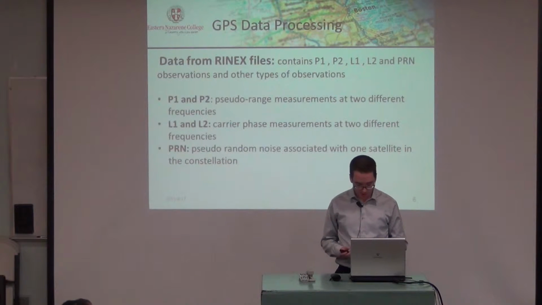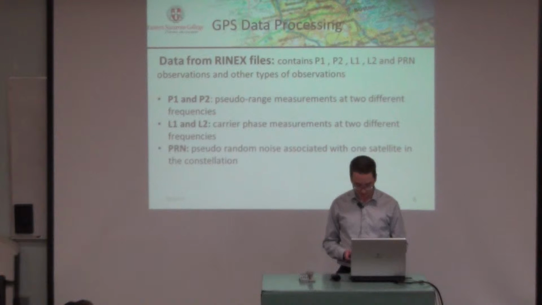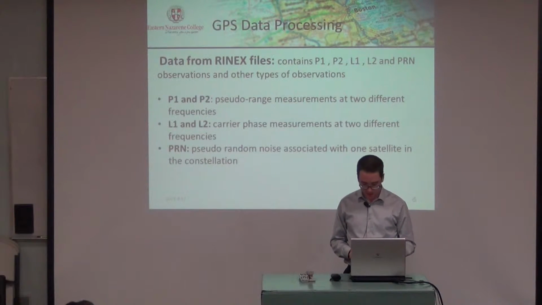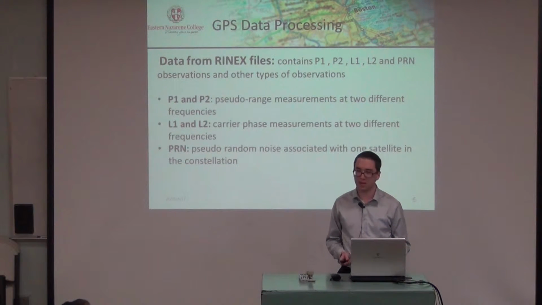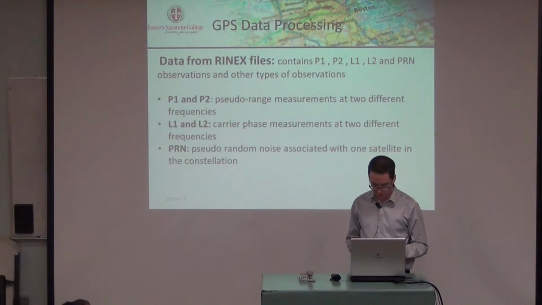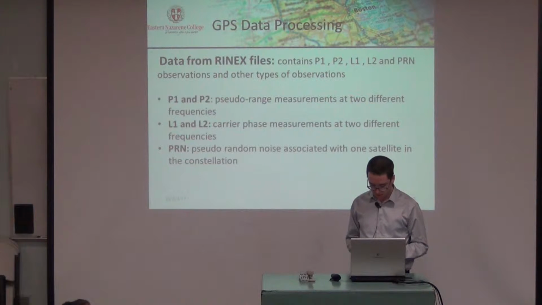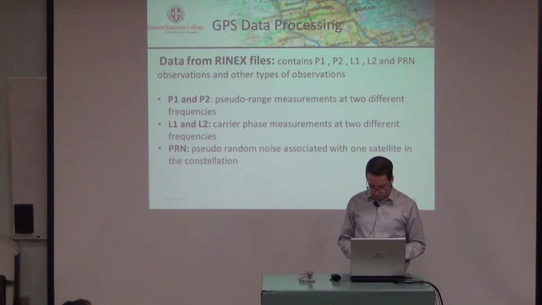So in order to talk about how I remove the errors in the GPS data, I want to talk about GPS data processing. GPS data is stored in a file called the RINEX file. This file contains pseudo range, or the position information, at two different frequencies. This file also contains the phase information for these frequencies as well.